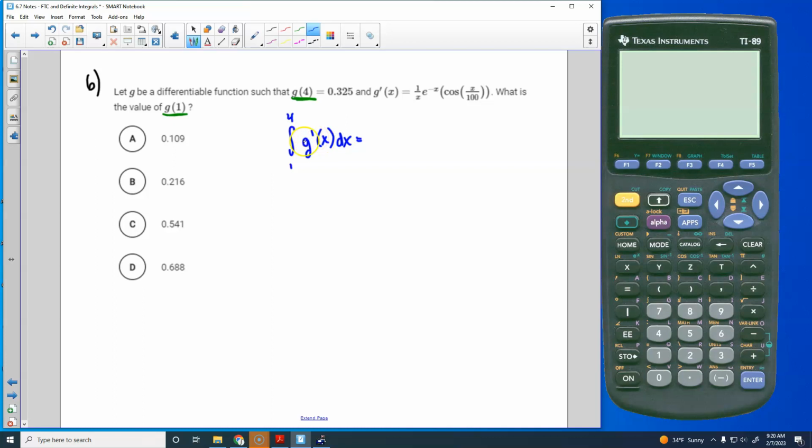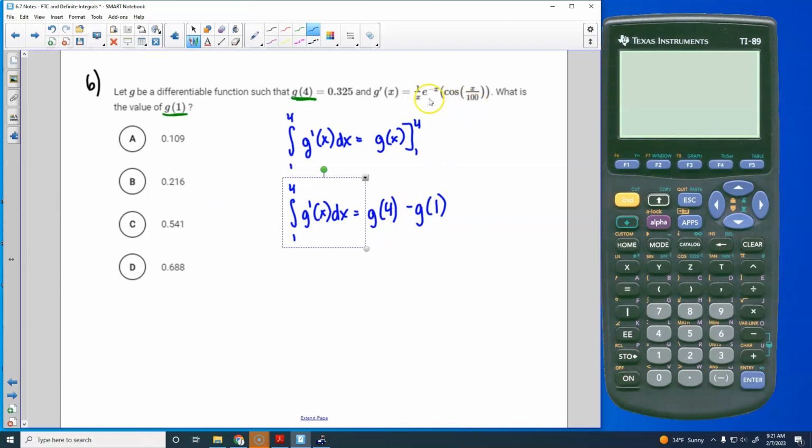When I integrate g prime, it gives me g that I'm going to evaluate from 1 to 4, which is going to be my integral from 1 to 4 of g prime of x dx is going to be g of 4 minus g of 1.